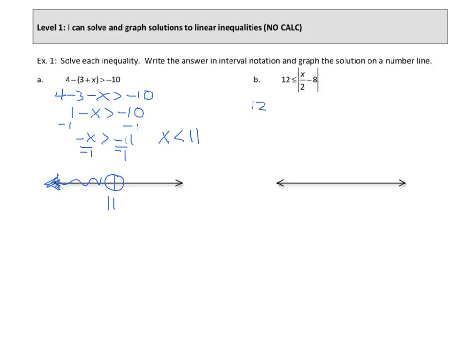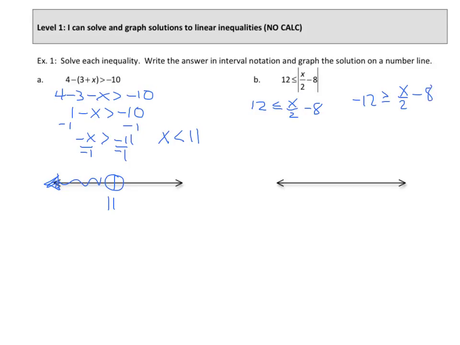So 12 is less than or equal to x over 2 minus 8 without the absolute value sign. Then the other case is when we do the negative 12. But when you do the other case with the negative 12, you have to flip the sign. So we get negative 12 is greater than or equal to x over 2 minus 8.